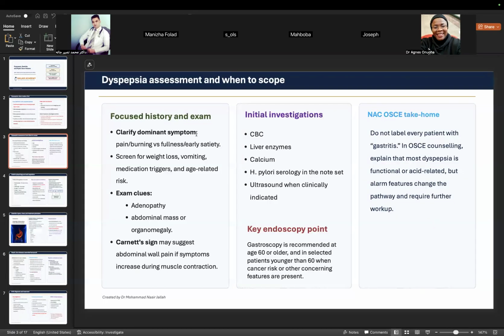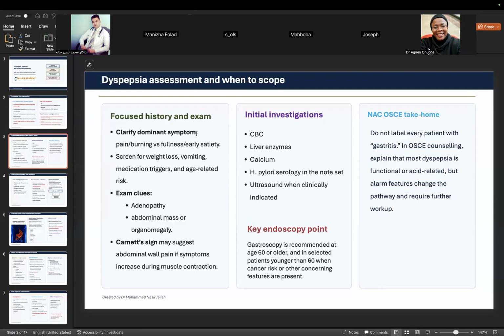So if your patient is at any age, regardless of the age, if the patient has alarming symptoms, we need to do endoscopy. But if the patient does not have alarming symptoms, we usually do not jump into endoscopy. But if you happen to have somebody, for example, an elderly, this might be in the licensing exam, actually, for the MCQ one.